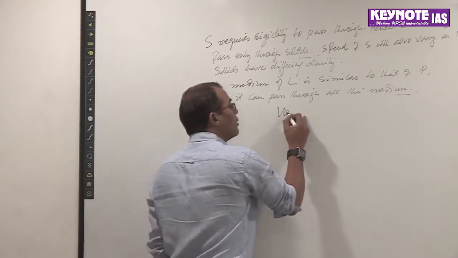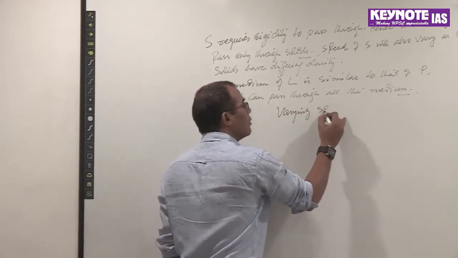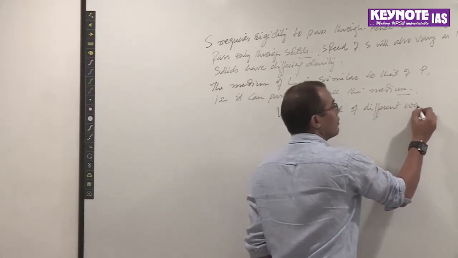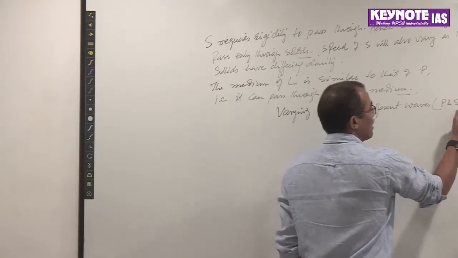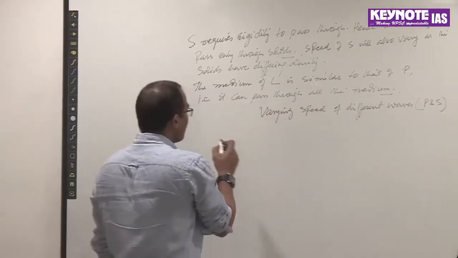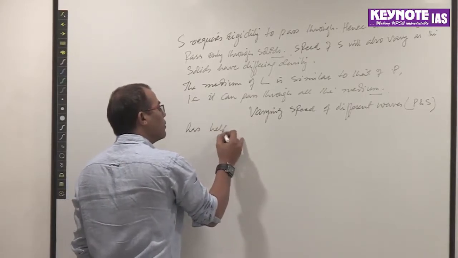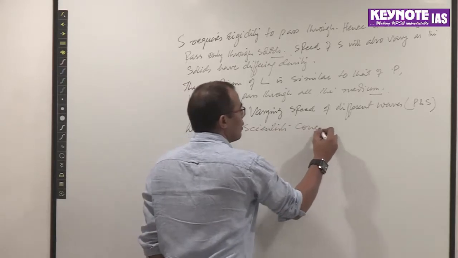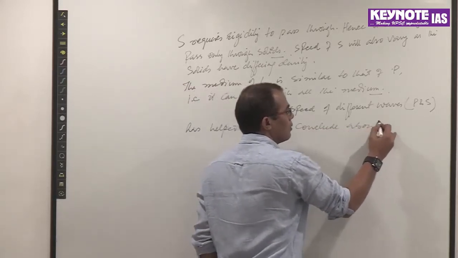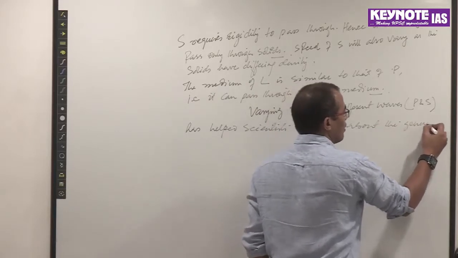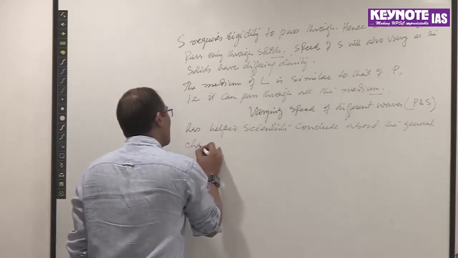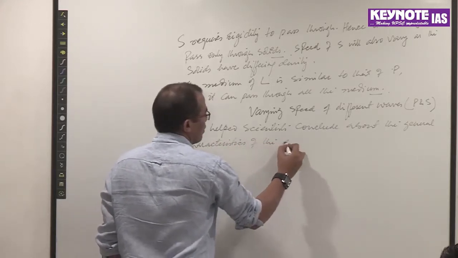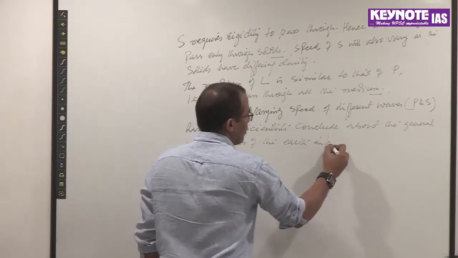So, the varying speed of different waves, especially P and S in the case of interior revealing, has helped scientists conclude about the general characteristics of the earth interior.